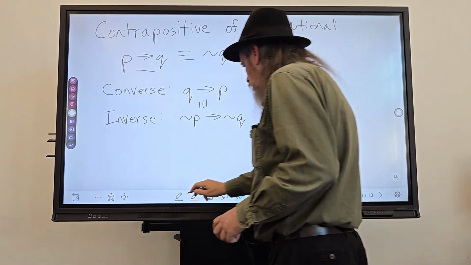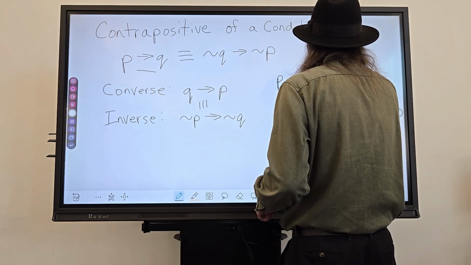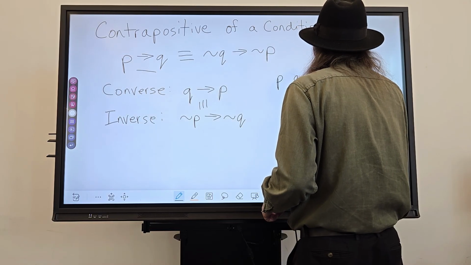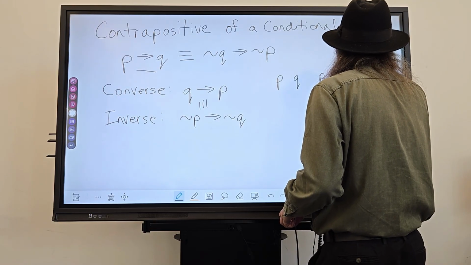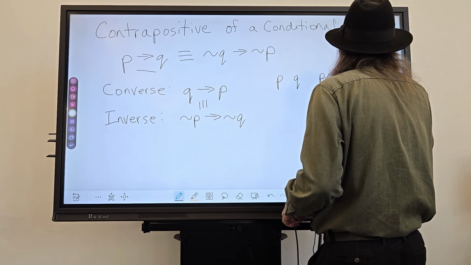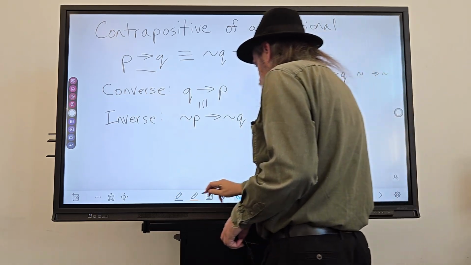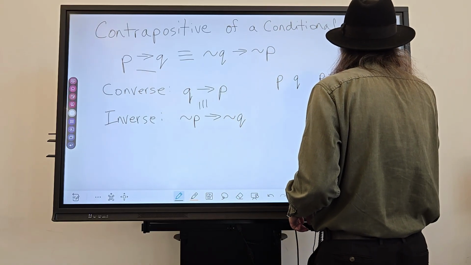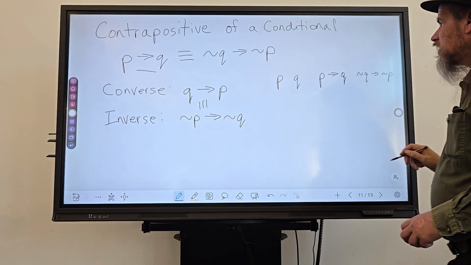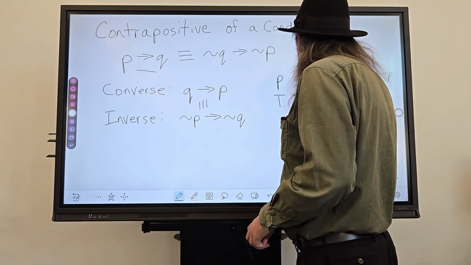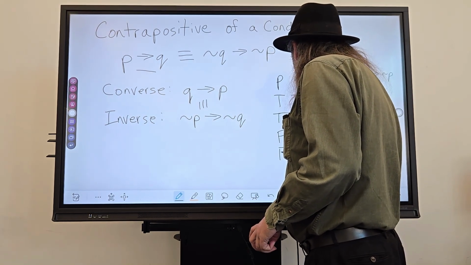P, Q, P implies Q, and not P implies not Q, or not Q implies not P. Okay, so true, true, true, false, false, true, false, false.